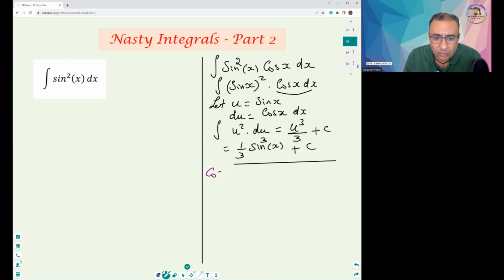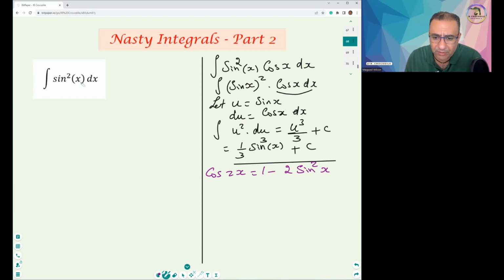So if you look at your formula booklet, for cosine 2x there are 3 formulas for the cosine double angle identity. I'm going to take the one with sine because I have sine here: 1 minus 2 sine squared of x. And then let's make sine squared the subject.